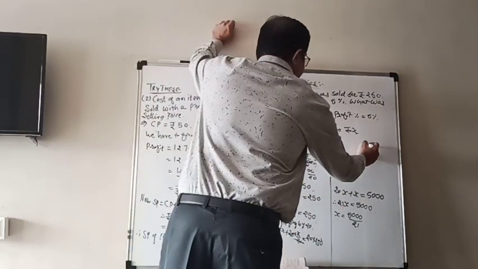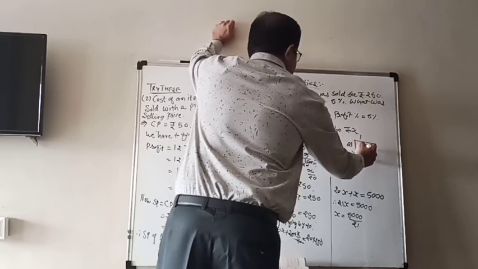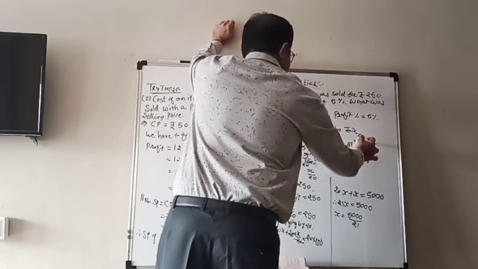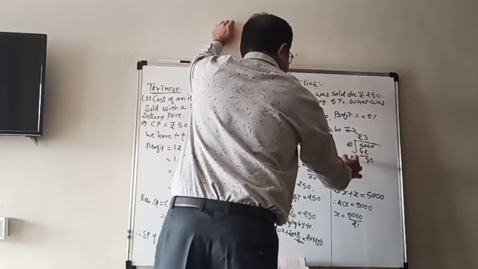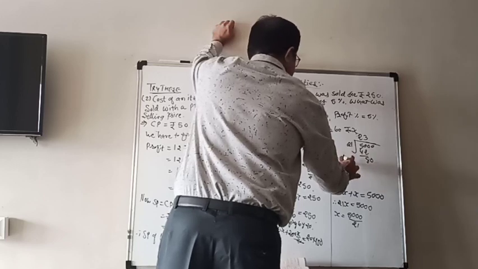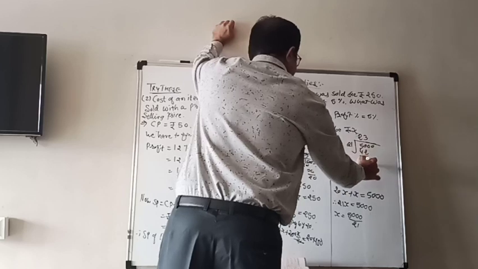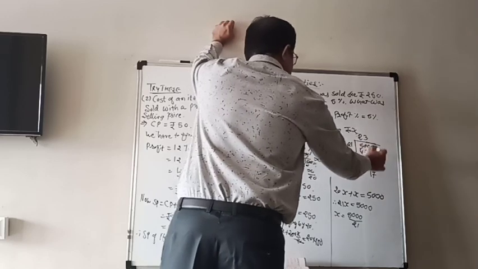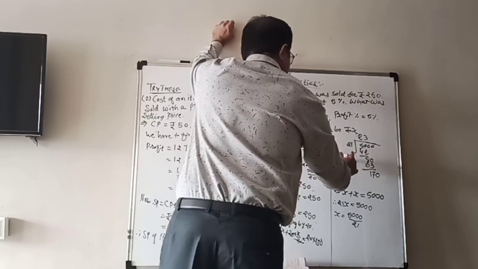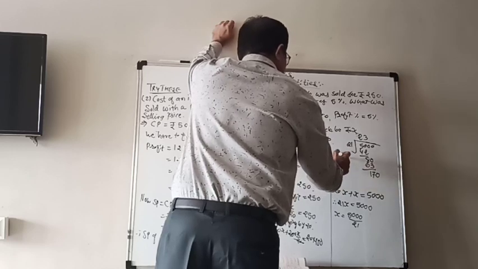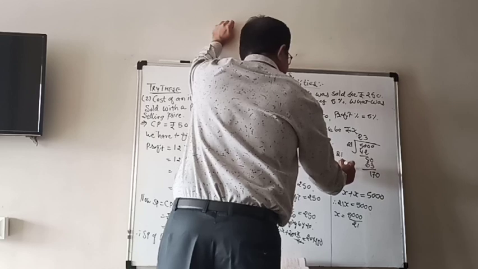So 5000 divided by 21, 21 twos are 42. Then 21 threes are, because 21 fours are 84, so 21 threes are 63. So here 8 are 168.